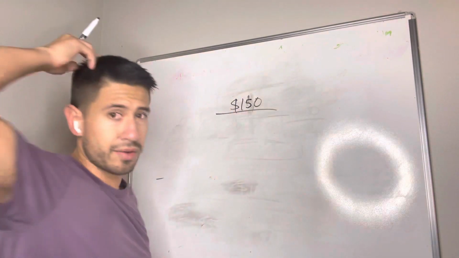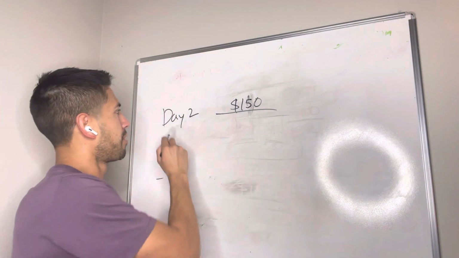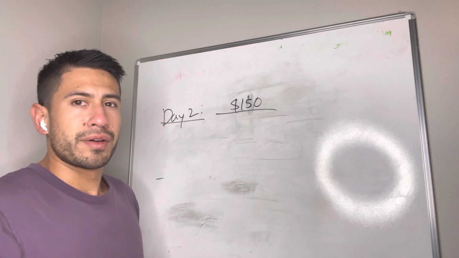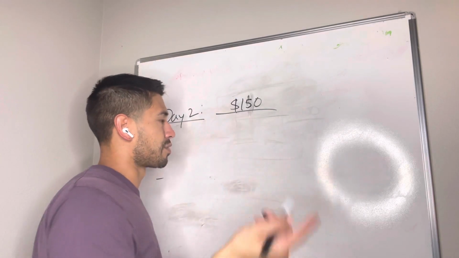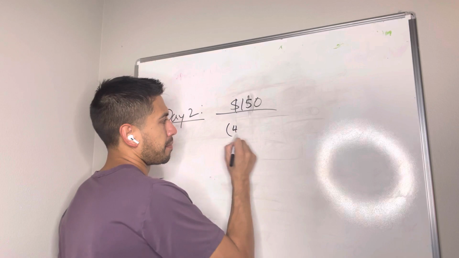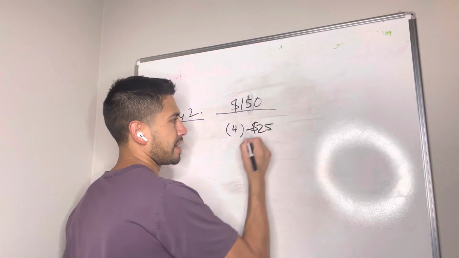Right? So this is day 2. If you take now the percent ownership of each individual's ownership of shares, there's 4 of them that only put in $25, right? That hasn't changed.